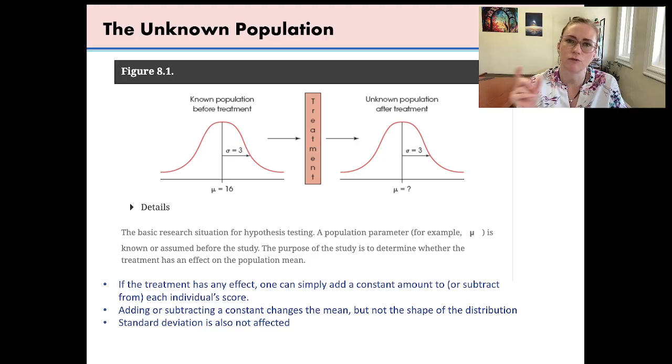And that change should affect the average, but we don't really expect it to affect the variability necessarily. So standard deviation is not affected, but we already went through what happens when you add or subtract a constant to each x, each score.